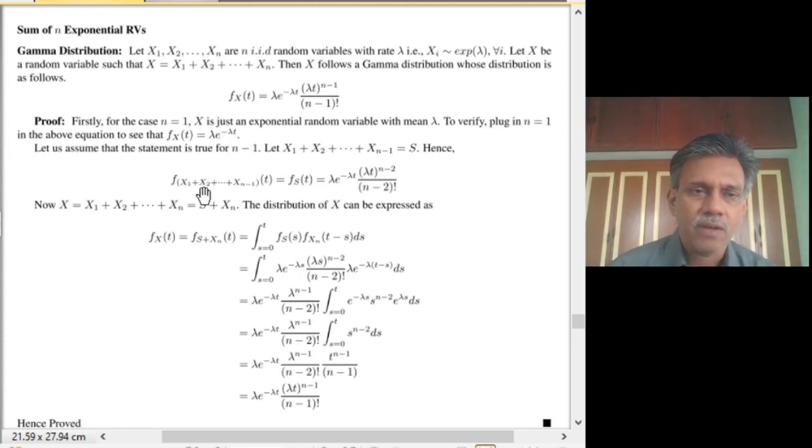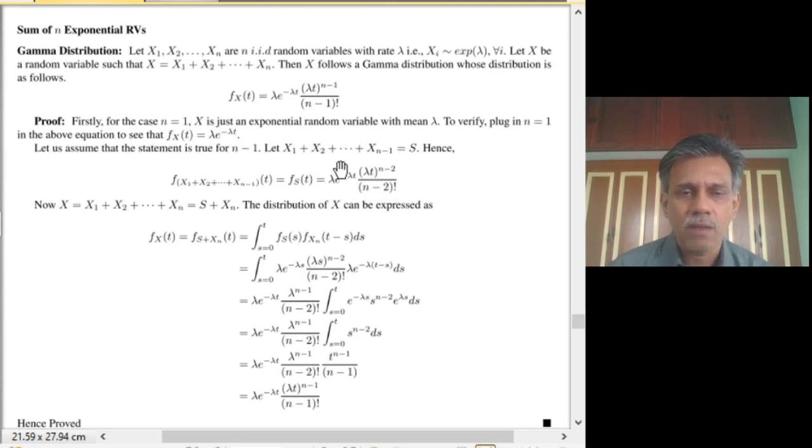In the case of the sum of n minus 1 random variables, this formula yields, we will call this sum S, Fs of t is equal to lambda e power of minus lambda t, and here the number is n minus 1, so we will get lambda t power n minus 1 minus 1, that is n minus 2, and similarly here also n minus 2 factorial.